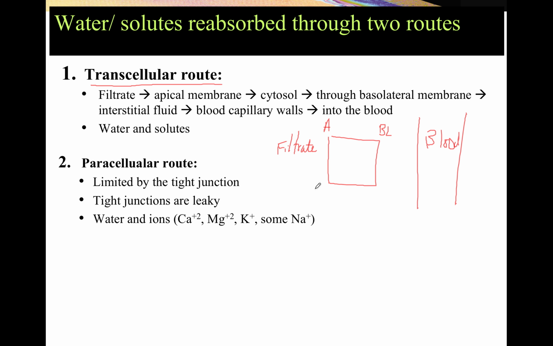So if the fluid and the solutes take this route, this is transcellular, which means the filtrate passes through the apical membrane, through the cytosol of the cell, comes out through the basolateral membrane, passes through the interstitial fluid, which is right here, and gets into your blood capillaries. So interstitial fluid is this gap, which is again part of the ECF.